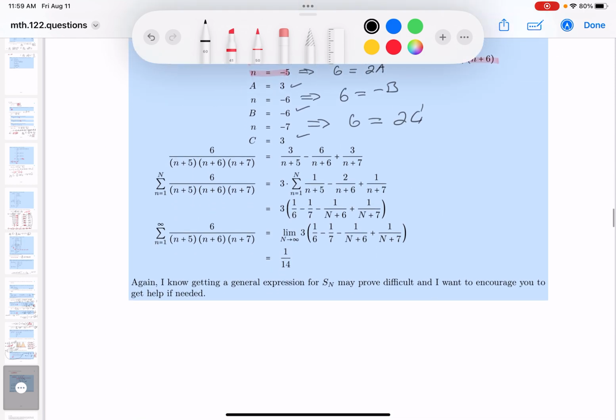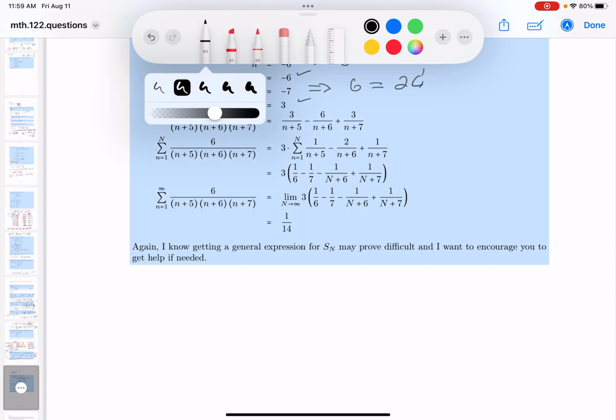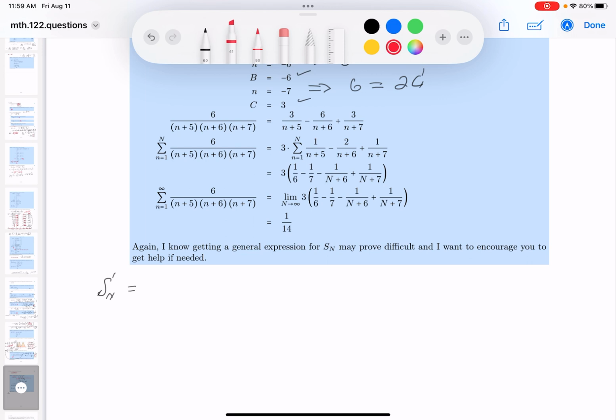Now I realize this might seem very difficult, but you do want to write down Sn. All right, I'll put that down for you. And let's look at it. I'm looking at this partial fraction business over here, and I'm going for Sn.